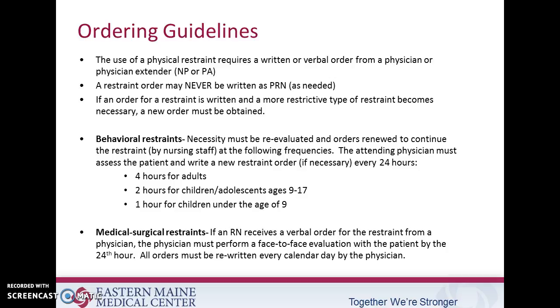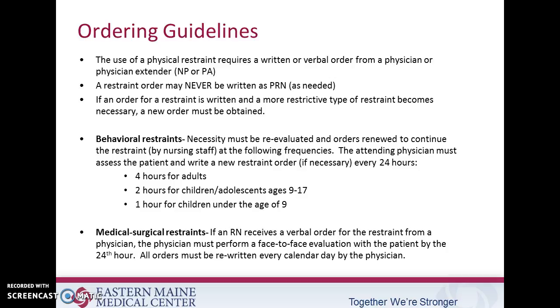So once you've determined that the patient needs to be restrained, and generally when we go to obtain an order, we have a sense of what type of restraint would be appropriate for that patient. We need to get an order from the physician. So, a restraint order, just a few things here, can never be a PRN. We have to get a specific order for that instance.